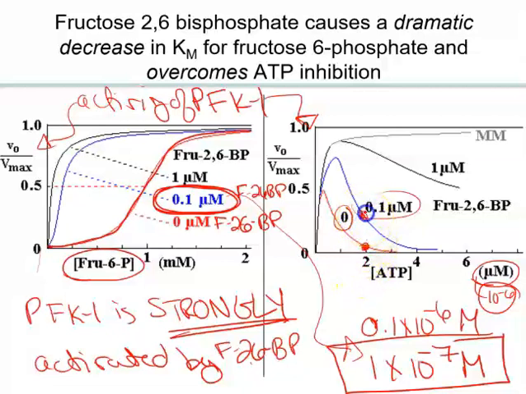So we're considering what's happening here at 2 micromolar ATP. If we add a bit more fructose 2,6-bisphosphate, we greatly increase the activity of PFK1. So fructose 2,6-bisphosphate is able to strongly activate PFK1 even in the presence of ATP.